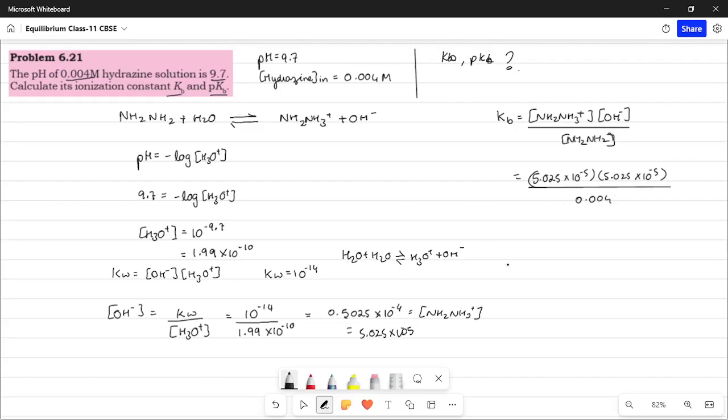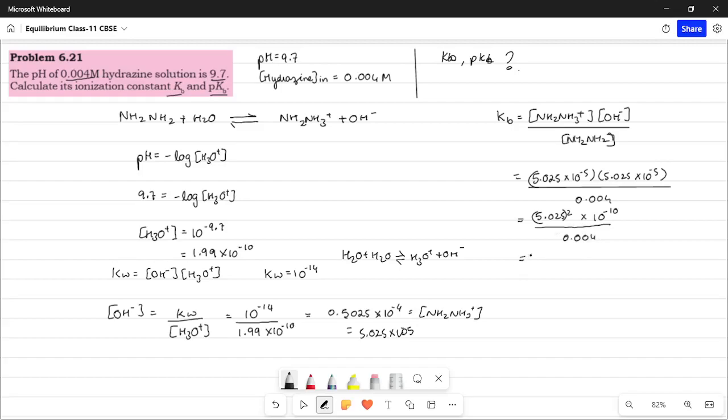Okay, now this we are going to have to simplify. So first of all, you have 5.025 square into 10 to the power minus 10, whole divided by 0.004.